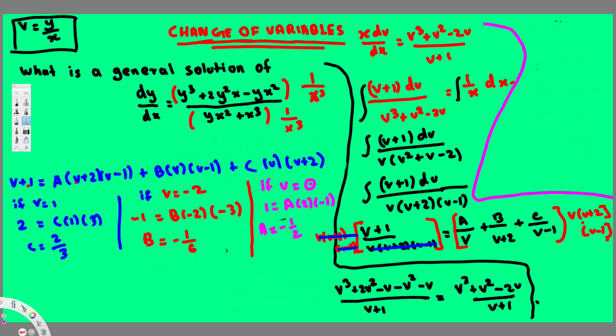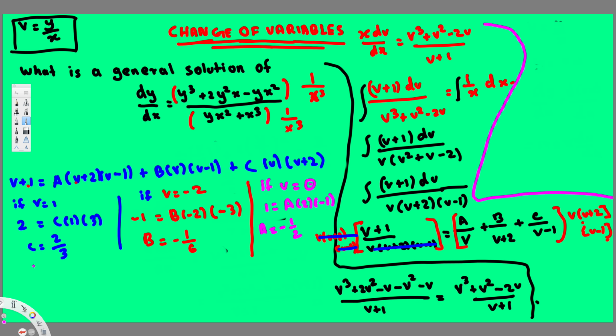Now we have the a, b, c values. We found them because we are trying to integrate this part. That was the hardest part, right? Now we can do the integration. We can write this one like a over v, b over v plus 2, c over this one, and do the integration.